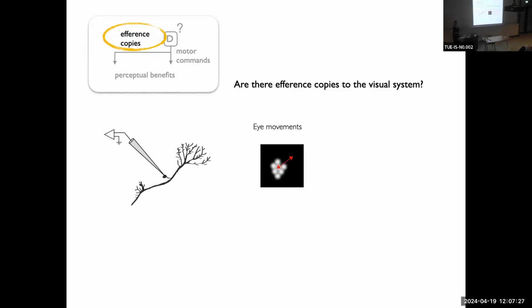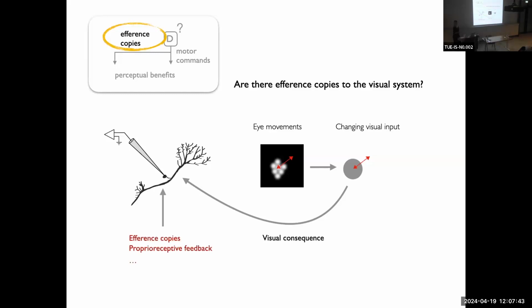So I have one PhD student who is working on this efference copy problem, and she's recording from lobula plate tangential cells while the fly is moving its eyes, which would come with a changing visual input, a visual consequence. And she wants to find out if there is efference copy or perhaps other modulations like proprioceptive feedback.